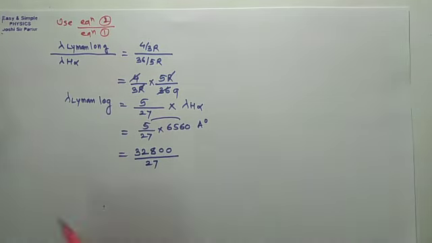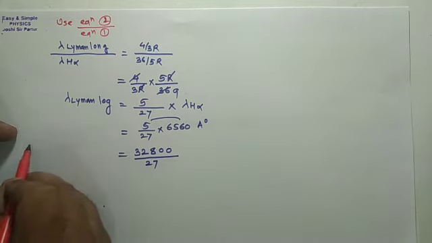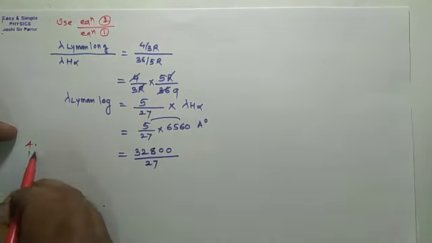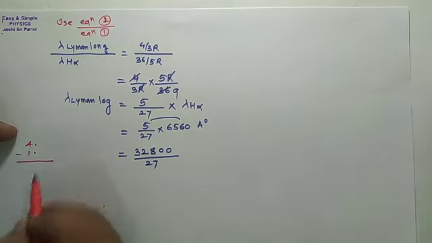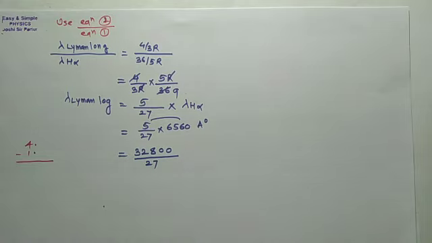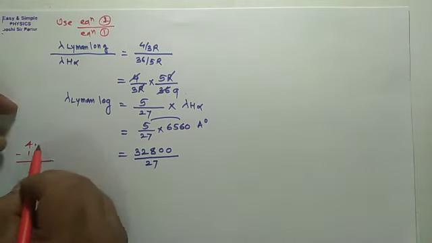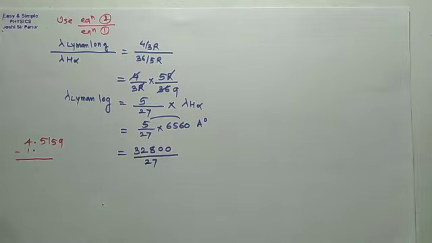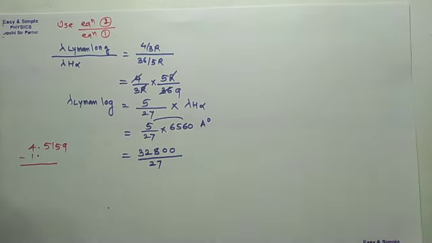By taking log of 32,800, the characteristic will be 4, and for the denominator the characteristic will be 1. Taking log of 3280, it will be 5159, and by taking log of 27, the log of 27 will be 4314.